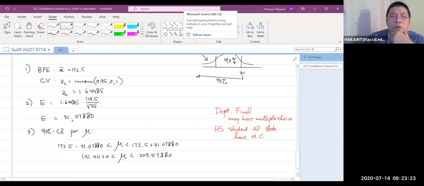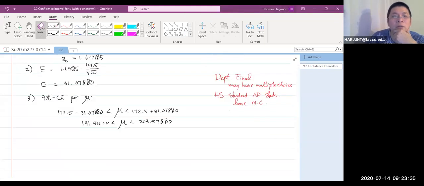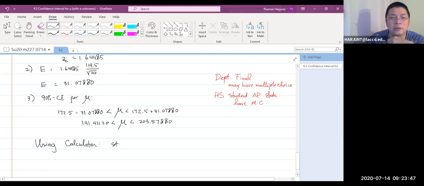So using the calculator, you'll go to stat, and then test, and then z interval.